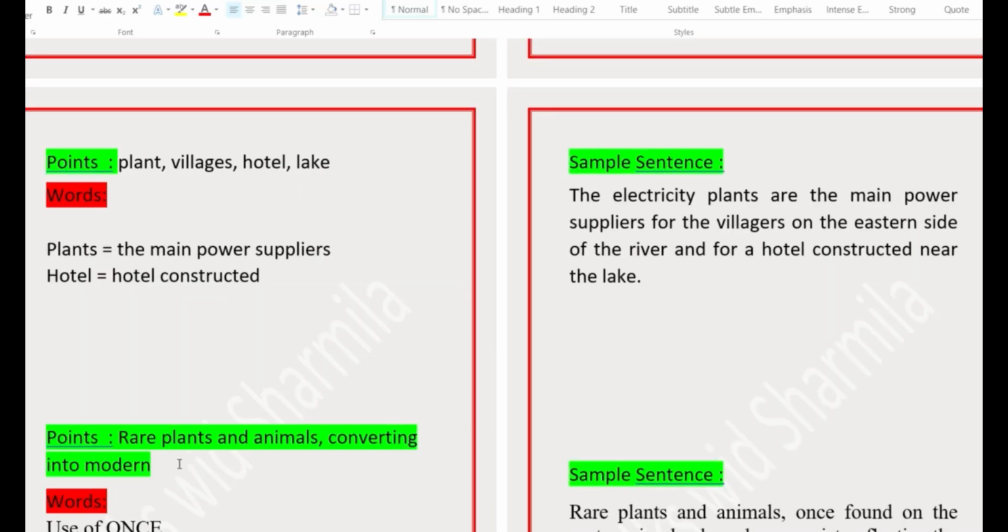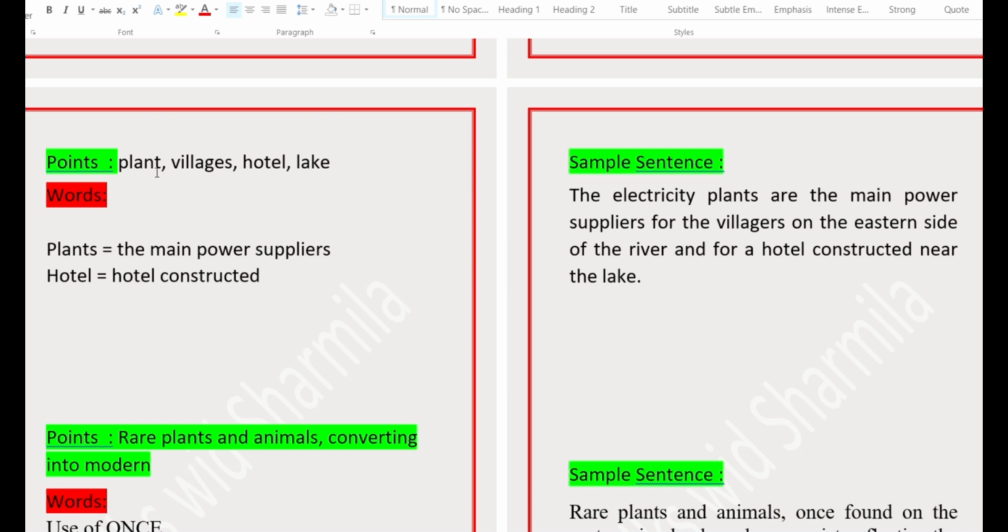The next point now. It is about the plant, the villages, the hotel and the lake. And the words to use here are, for the power plants, we will say "the main power suppliers." For the hotel we will say "hotel constructed." It is not "hotel is made." Now the sample answer.